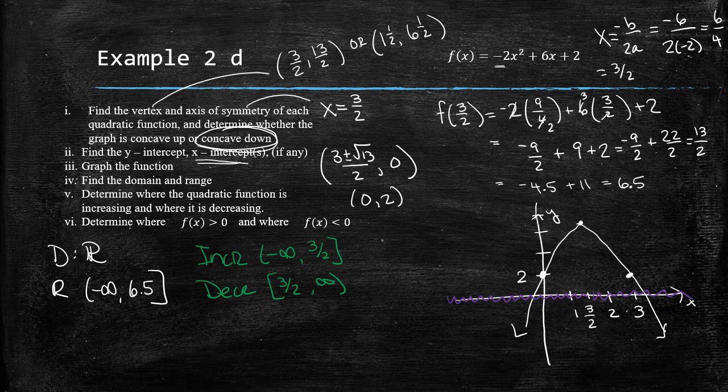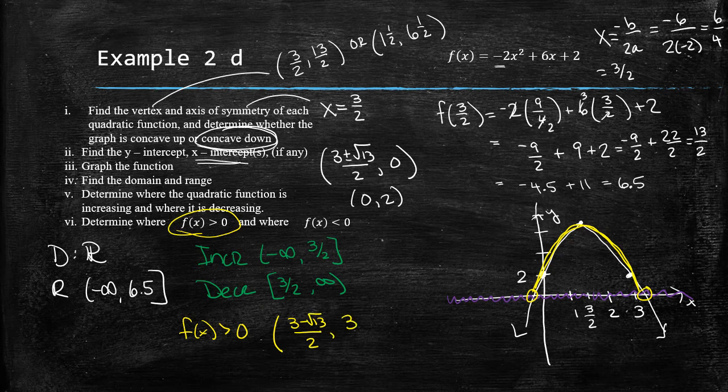Intervals determine where the function is greater than 0 and then less than 0. So greater than 0, we're looking here in between our two x-intercepts. So f of x is greater than 0 in between our two x-intercepts. Remember, our x-intercepts are these not so pretty numbers, 3 minus rad 13 over 2, and then the second one, which is 3 plus rad 13 over 2.